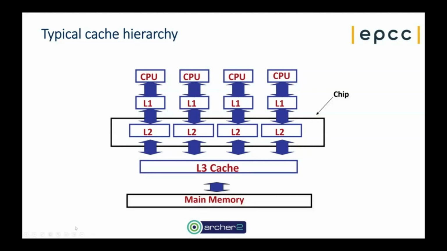And down here we've got main memory, and it runs something like 1,000 times slower than the processor. And that's not because we can't build main memory that's as fast as a processor, but the technology we need to build memory which is big runs much slower than the technology we use up here in the processors to build memory which is as fast as a processor.